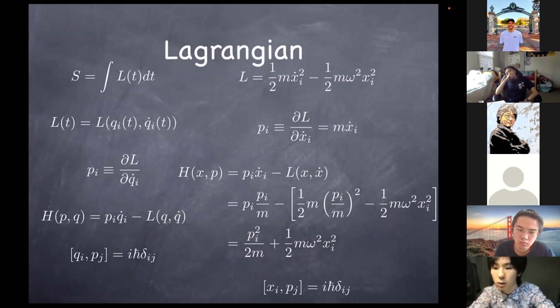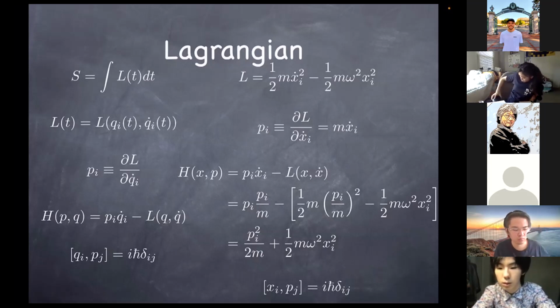In retrospect, the Newtonian equation of motion is everything you need in classical mechanics, right? If you have a harmonic oscillator, we don't need to talk about Lagrangian or Hamiltonian. All we need to know is the equation of motion, namely ma, that's the force, is given by minus m omega squared x. That's the Hooke's law.